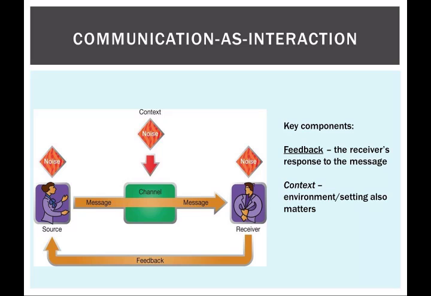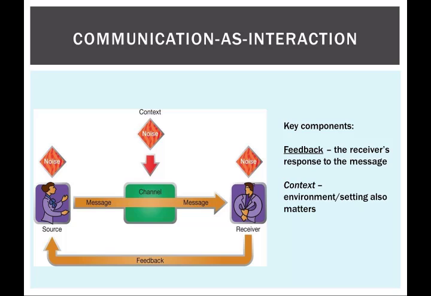So two important components that you want to make sure you remember when thinking about the communication as interaction model are feedback and context. So feedback is essentially, like I mentioned, just the receiver's response to that message. Context, on the other hand, is the environment or setting in which the interaction has occurred. So context can be physical in that it is where you actually are having that interaction.